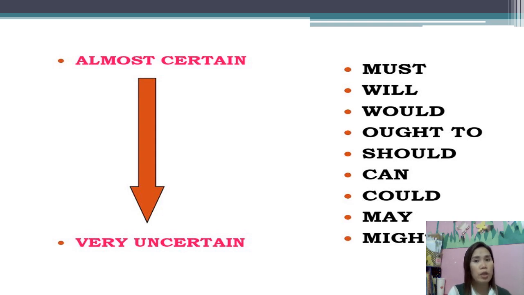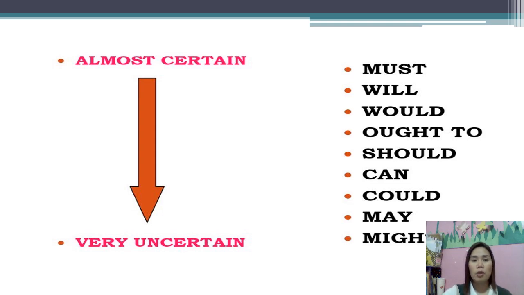So like for example, when you are talking about possibility, you may use the modal might and may. If it is 75% possible, you have to use may. But if you are, let's say, 40 to 45, you have to use might.